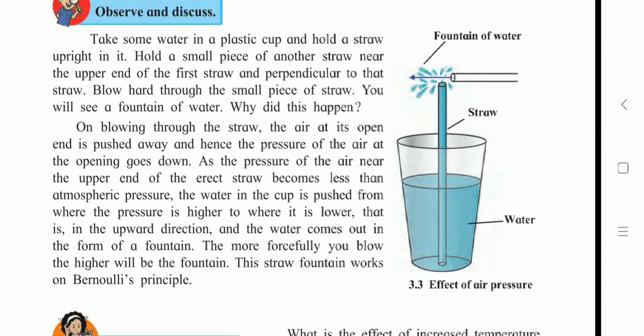In that glass they poured water, and at the center, exactly in a perpendicular position, a straw is kept. Upside they show us a fountain of water. Fountain of water means पाण्याचे कारंजे, like a sprinkle irrigation.